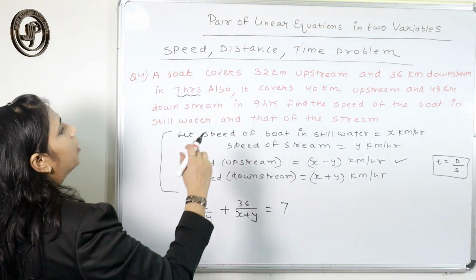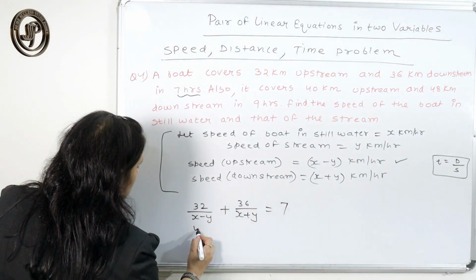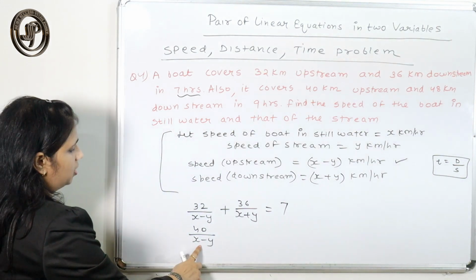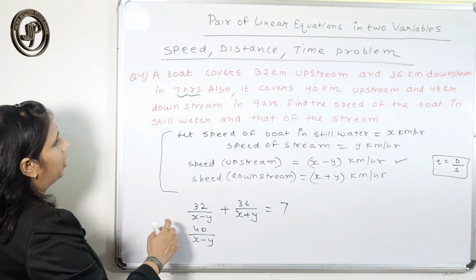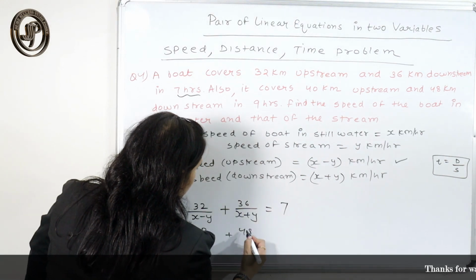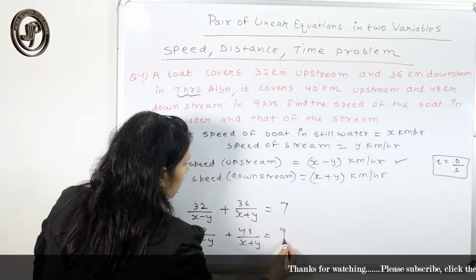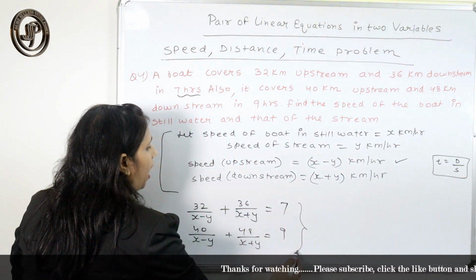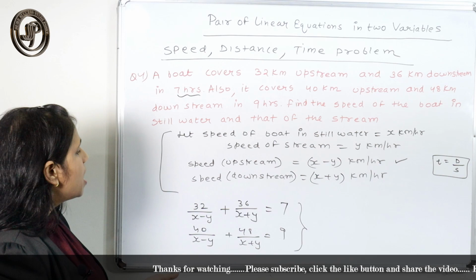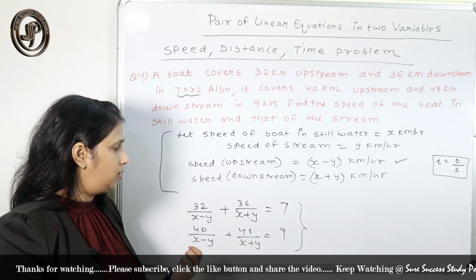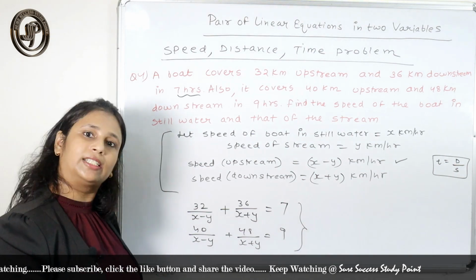Next it says it covers 40 kilometer upstream and 48 kilometer downstream, and that takes 9 hours. Now you have 2 equations and you have to solve them for x and y.